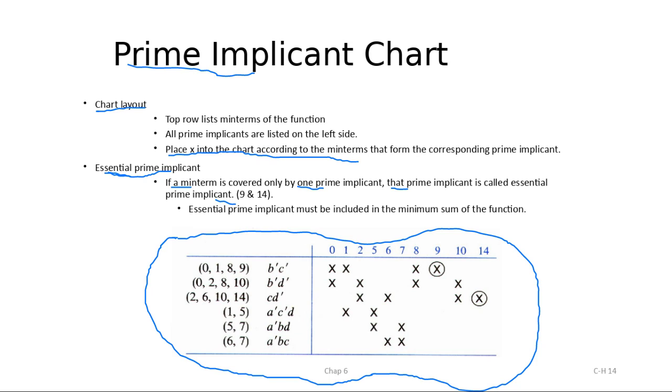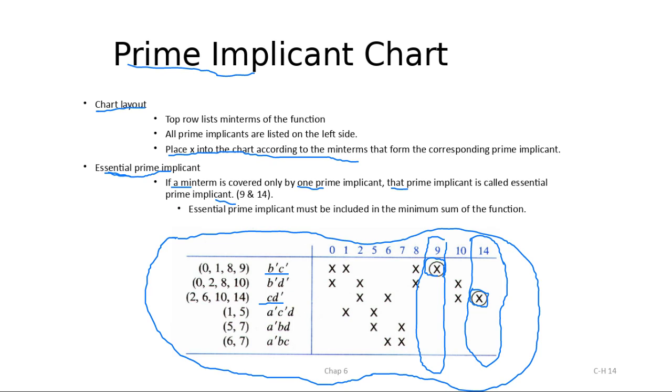Like this one, like this one. They are unique, right? When you think about this row, this column, there's only one. That means you have to use this one and this one.